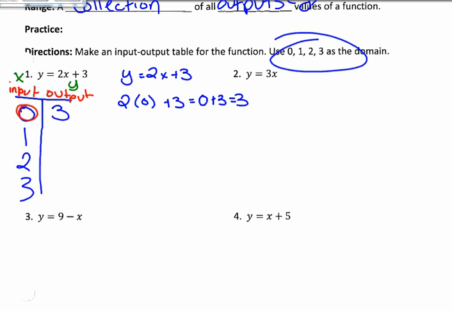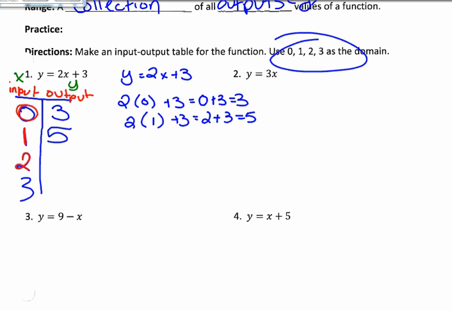We're going to continue the same thing with all of our numbers. Our next number here is 1. Again, where there's x, I'm going to put in 1. So instead of putting in 0 this time, we're going to put in 1. 2 times 1 is 2, plus 3 is 5. So when I put in 1, I get out 5. Next number here is 2.